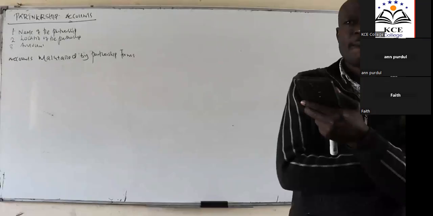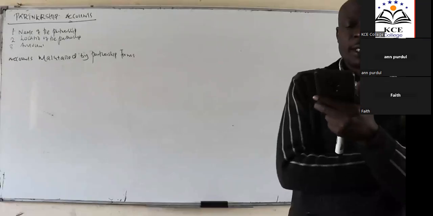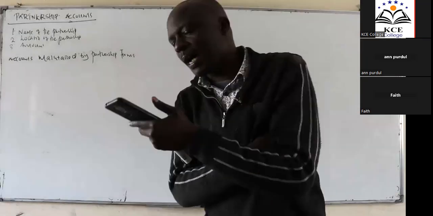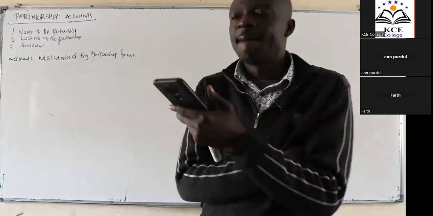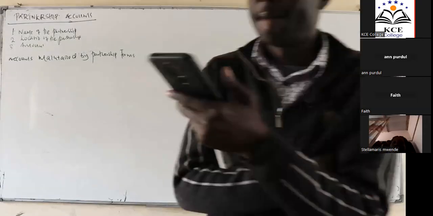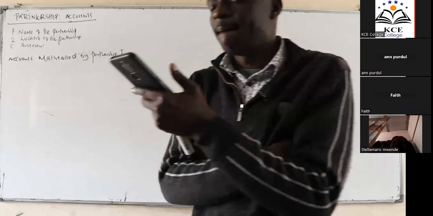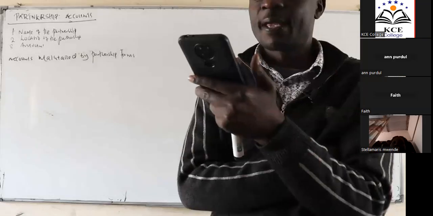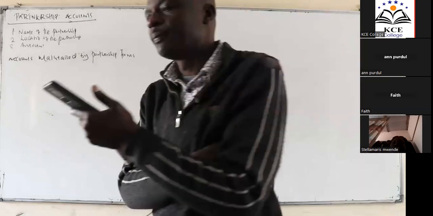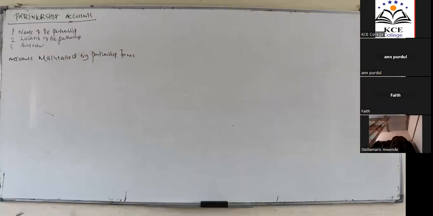Number two is current account. And then capital account. And lastly, financial statements.